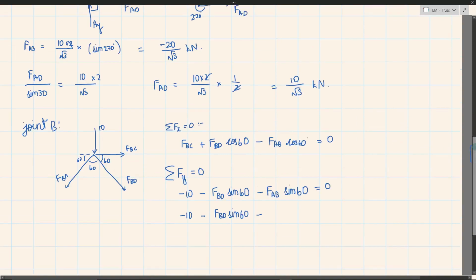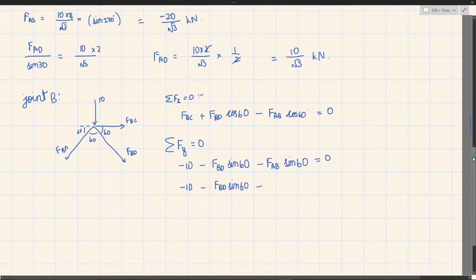FAB is nothing but minus 20 by root 3, into sine 60 which is root 3 by 2. The root 3 will be cancelled, this minus will be cancelled, 2 and 10 as well. So minus 10 and plus 10 will also cancel. So the remaining implies that FBD is equal to 0.